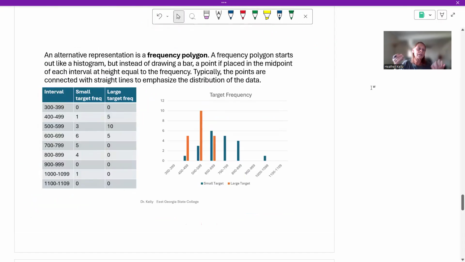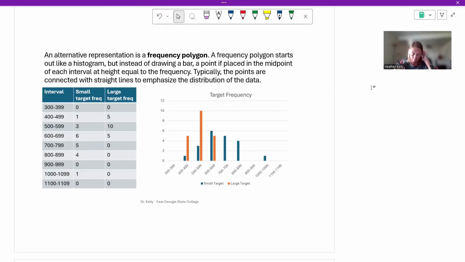All right, an alternate representation could be a frequency polygon. So say you're comparing two different things, okay? So in this case, I have an example where you are shooting at small targets and large targets, okay? And the frequency of hitting the small target versus the frequency of hitting the large target.